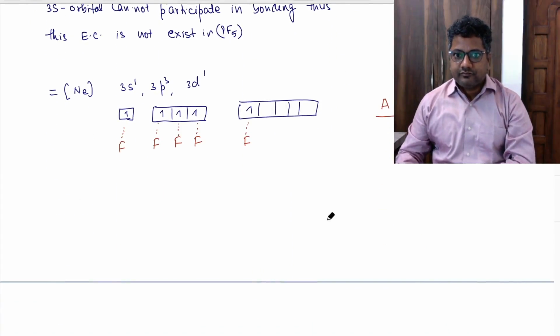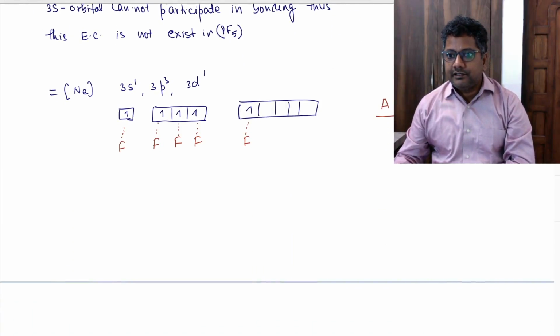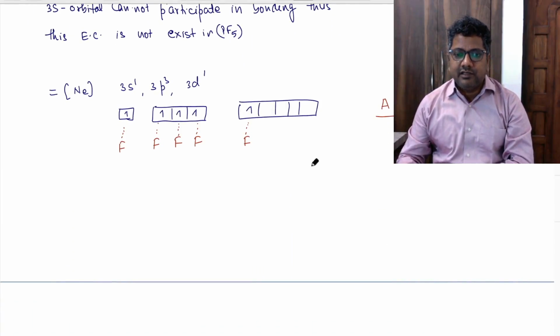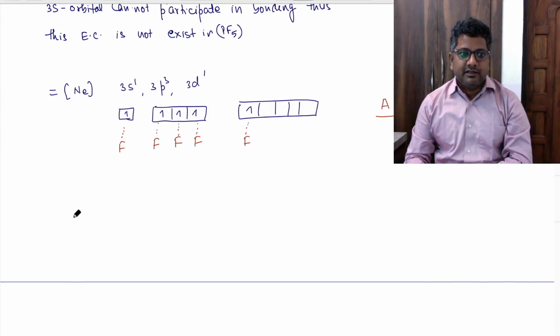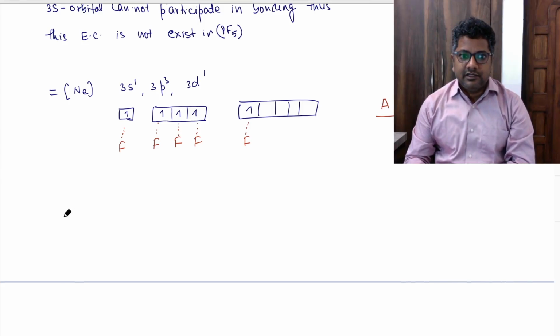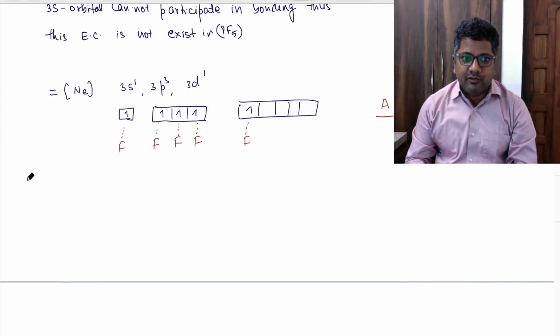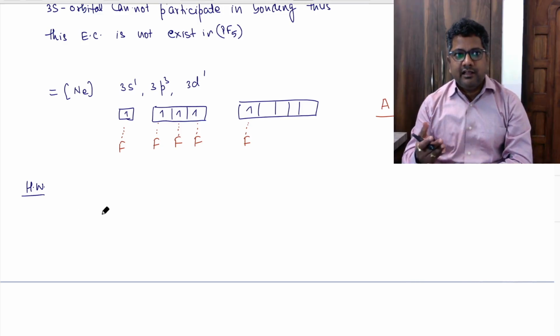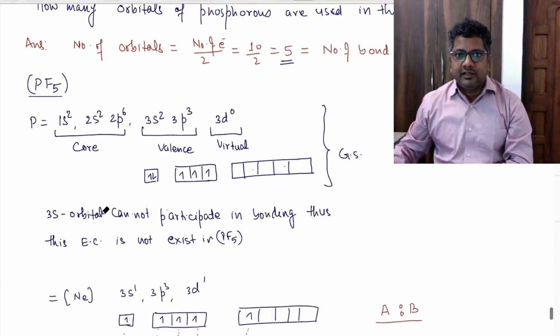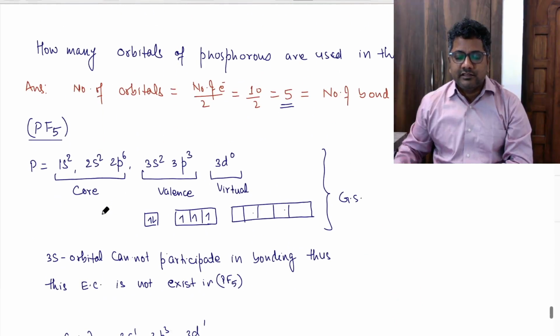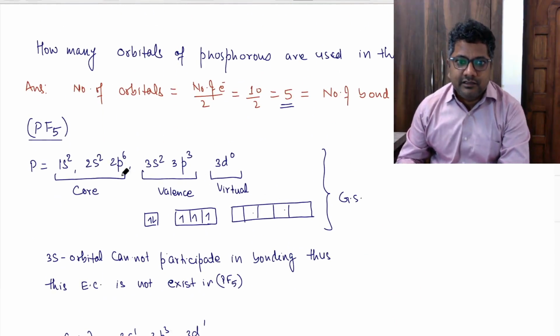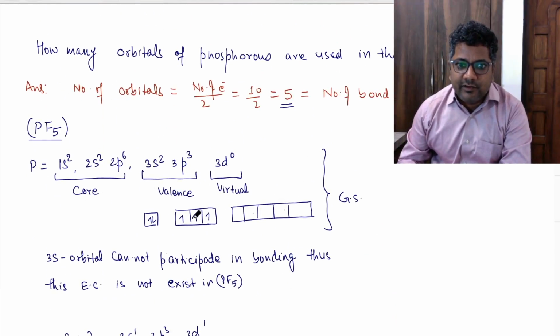Now you can do the same thing, explanation for this. This is homework for you people. I am writing this structure, and all of you should explain. Now one more thing you can see here, in this state it has covalency 3.